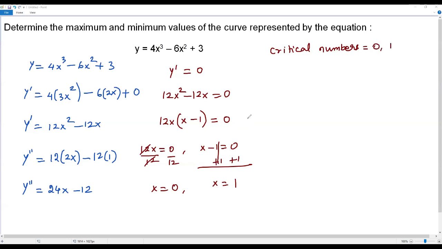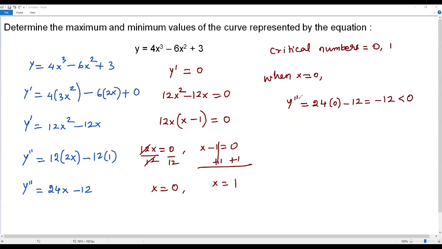Now I have to plug these critical numbers into the second derivative. When x equals 0, y double prime equals 24 times 0 - 12, which is 0 - 12, which is -12, less than 0.